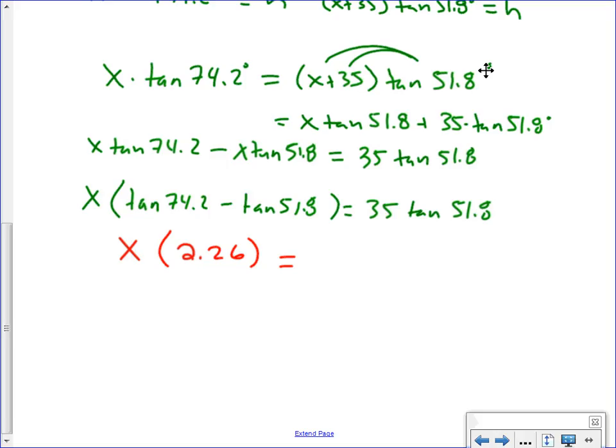You should get 44.48. How do you solve for x? Divide. So x is going to be 44.48 divided by 2.26, which is 19.68.